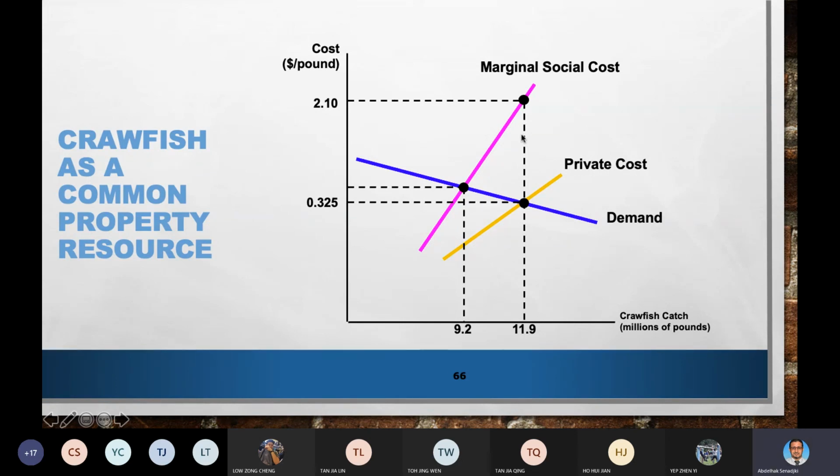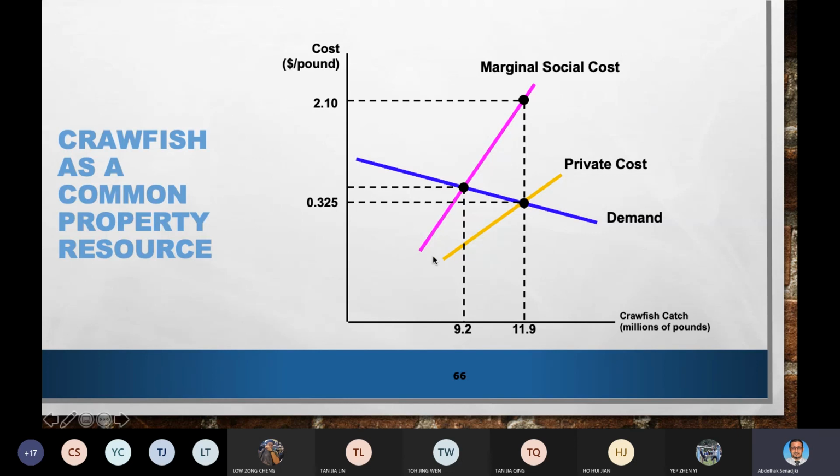So this figure represents the excess of the social cost above the private benefit of fishing, from the efficient level, where the demand equals the marginal social cost, to the actual level where the demand equals the private cost.